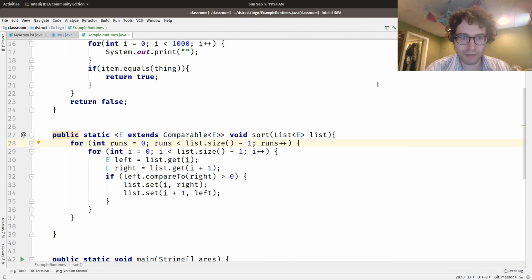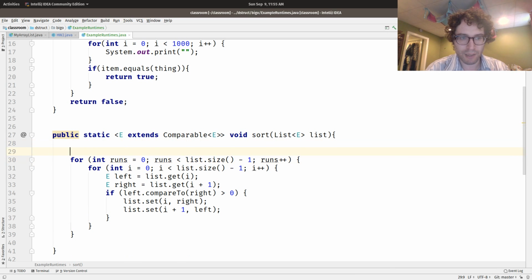All right. So let's take a look at this. We run this outer loop n-1 times. We run this inner loop n-1 times. So we do n-1 comparisons. So all told, how long does this take? Well, this takes n-1 outer loop runs, and each of those outer loops looks at n-1 pairs.